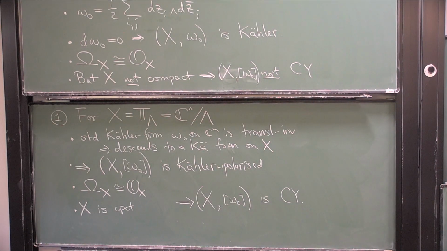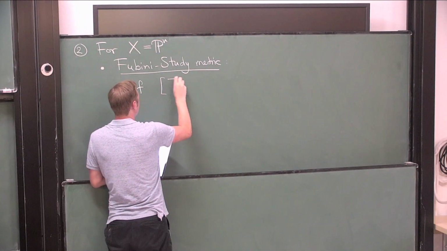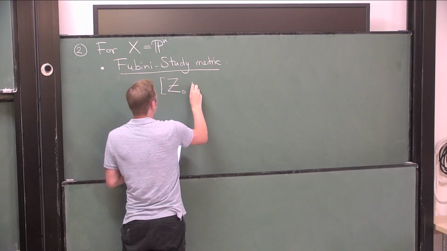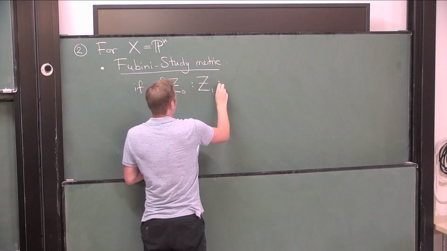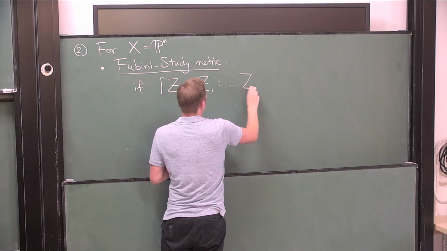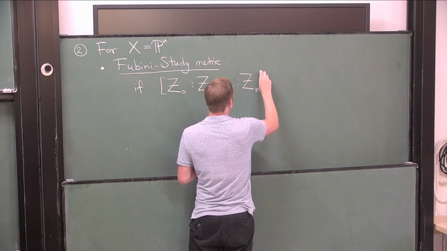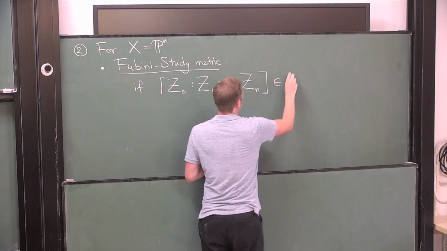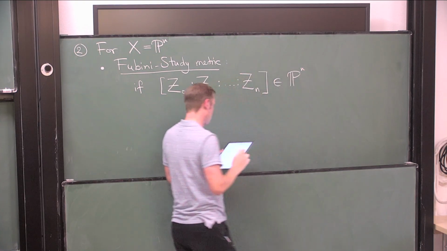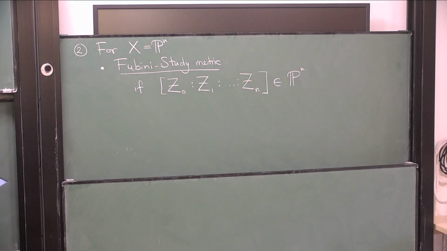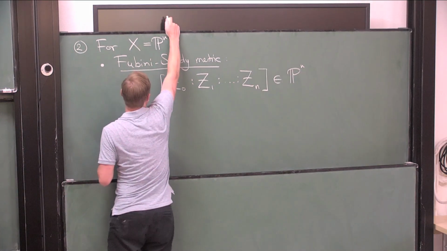So if I look at Pn and I look at homogeneous coordinates on Pn, which maybe I'll call with capital Z's. So these are my homogeneous coordinates. And now let me focus on an affine chart.